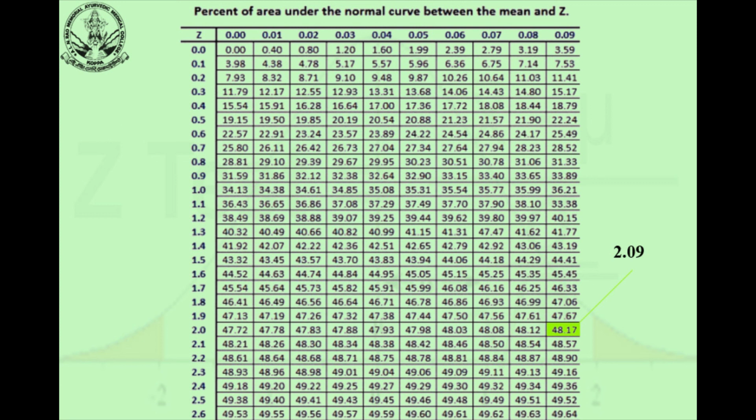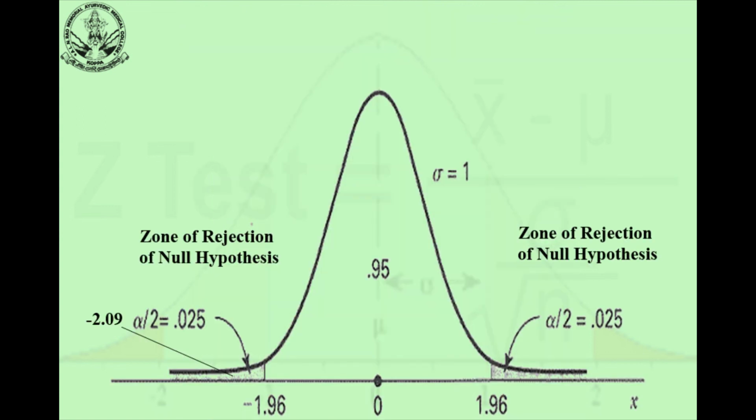Now you just come back to our normal distribution. In the normal distribution, what we have seen is that 95% is this zone, that is minus 1.96 to plus 1.96. But what we are getting is 96.34, which is out of this zone.